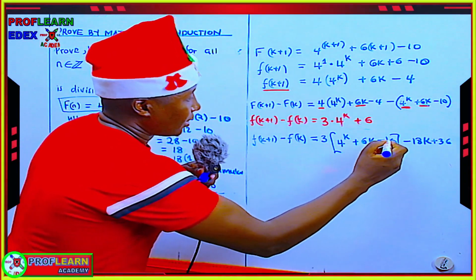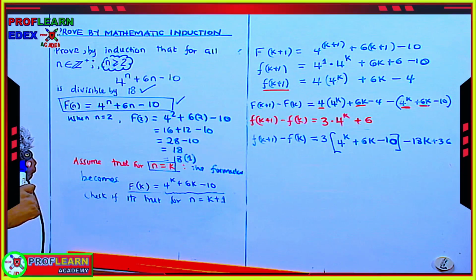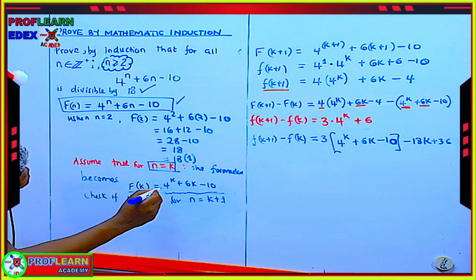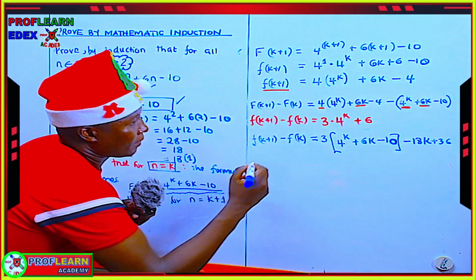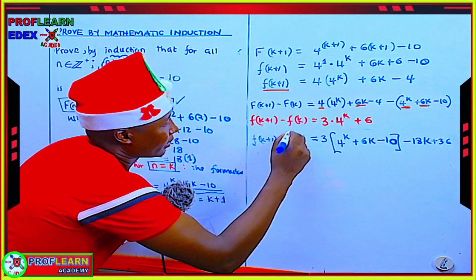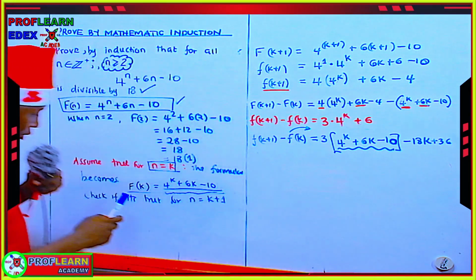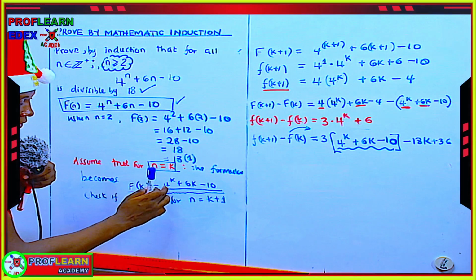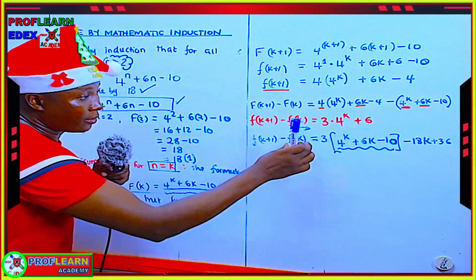So whatever we are having at this point, you can see is representing f of k, right? So meaning that we can take f of k on the other side, and this part here is representing f of k, because if you look at this expression that we have here, 4 raised to power k plus 6k minus 10 is exactly what we have here, and we have f of k here.